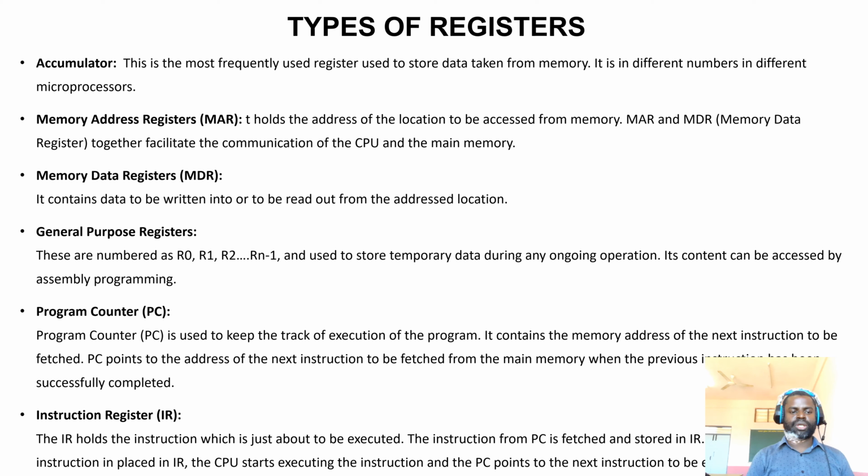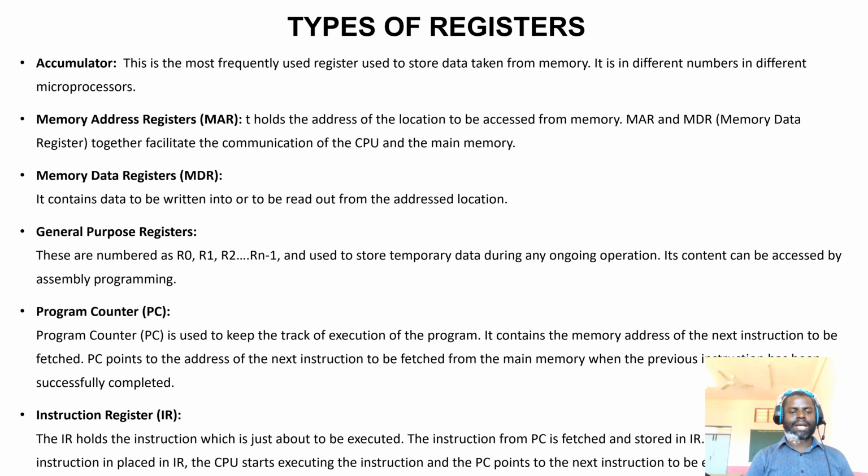Then the next registers are the memory address register and memory data register. They are basically used to communicate the CPU with the main memory. Then the next one is general purpose registers.